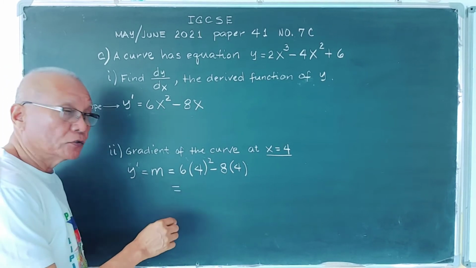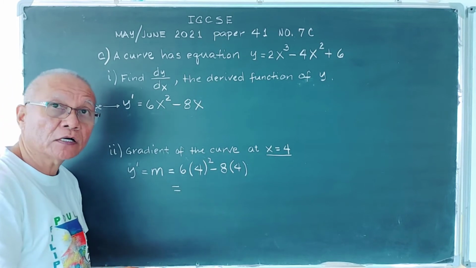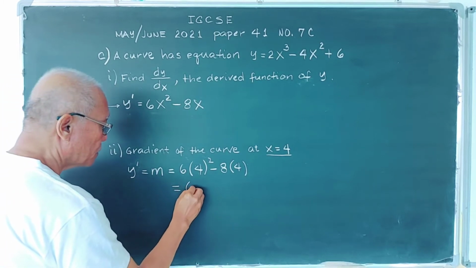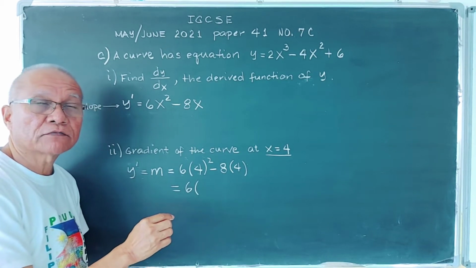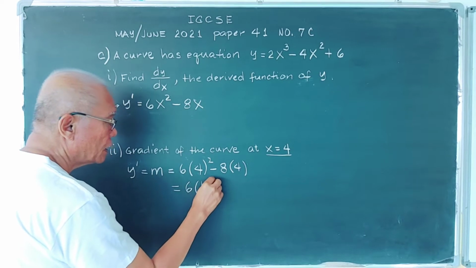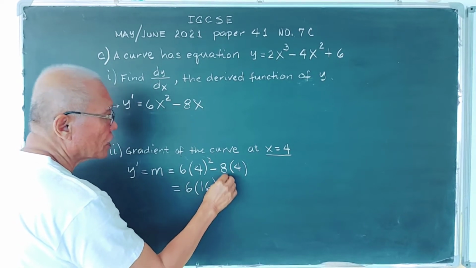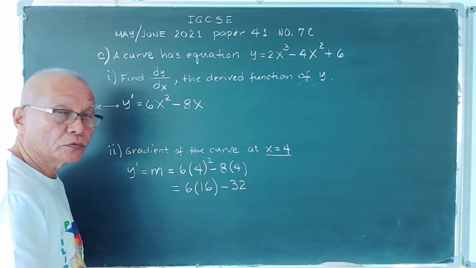Here, don't multiply 6 and 4. We have to raise it to the second power first. So we have here 6, and then 4 times 4, it's not 4 times 2. So 4 times 4 is 16. And then minus, you can multiply 8 times 4. So this one is 32.